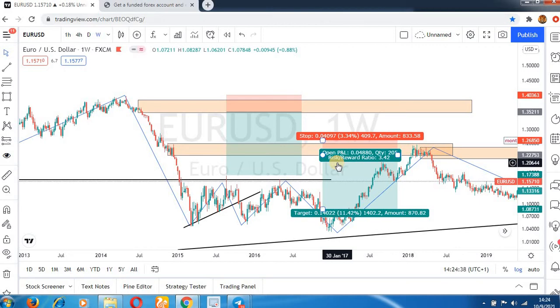Are you with me? Yeah. Okay, good. Now, what's the probability? The probability is that price will come here. If it doesn't respect this zone, which sometimes, if it's a demand zone, even if it's not going to respect it, it will fall a bit, giving you an advantage to break even. You understand?